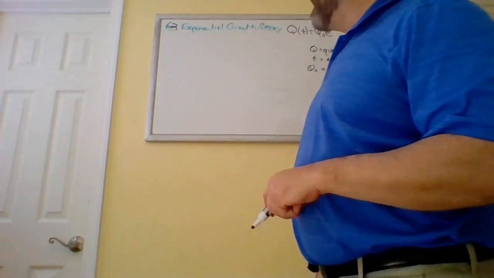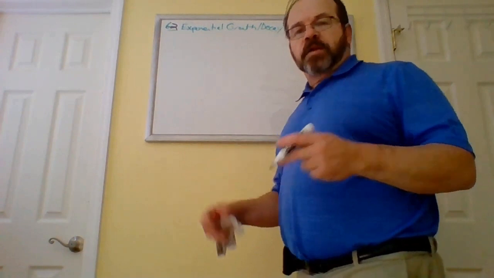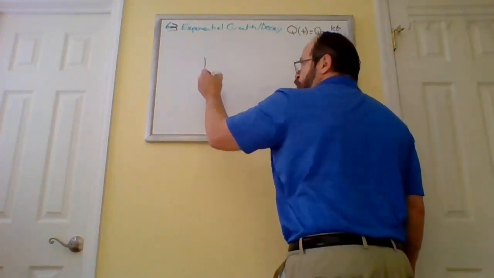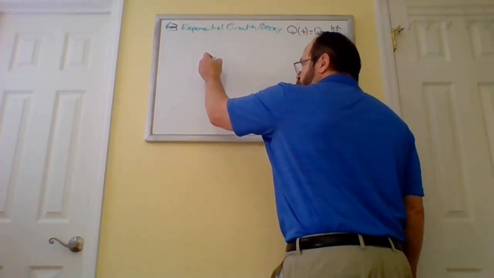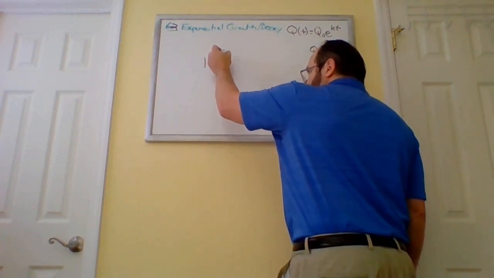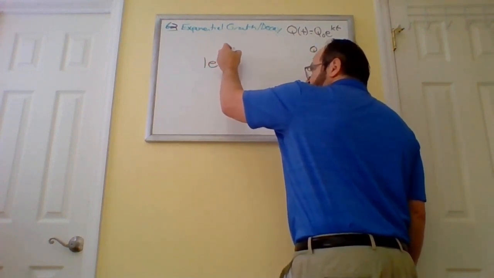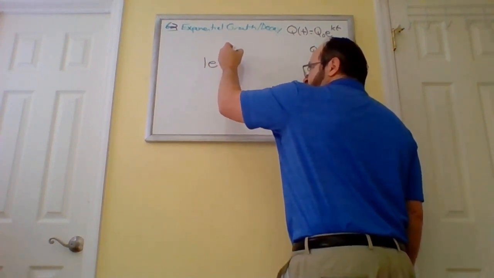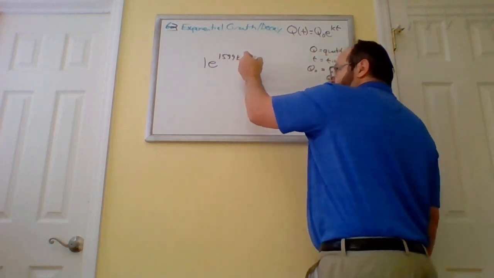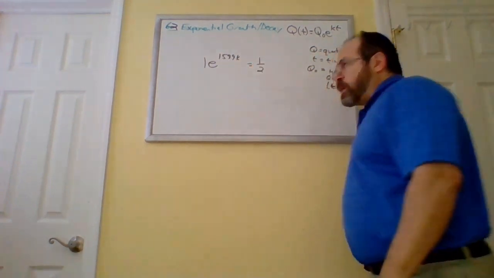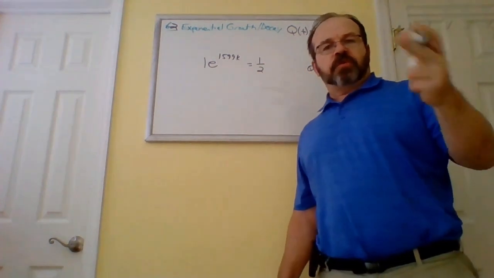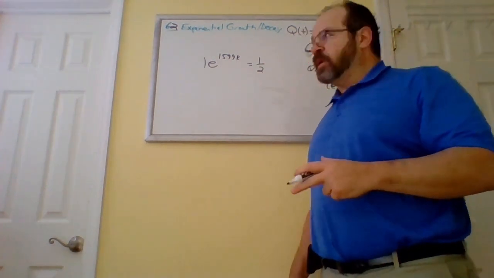It means if you have an initial quantity, let's say you started with 1 gram, after 1,599 years, if I plug that in for time, I should only have half of what I originally started with.